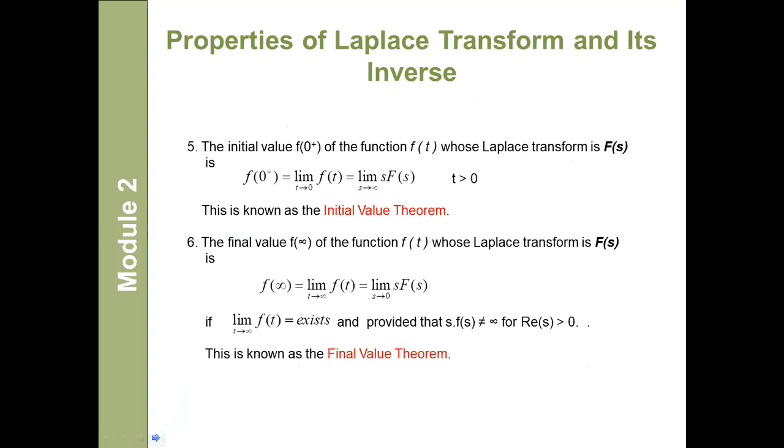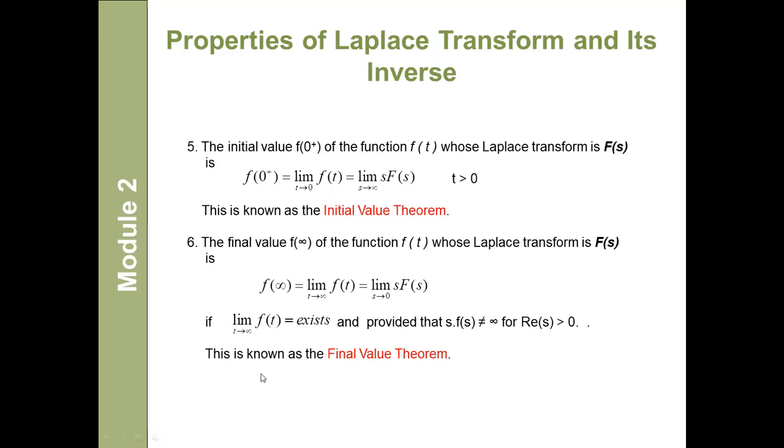So our fifth and sixth properties here on this slide would be the initial value theorem and the final value theorem. Now, what is good about these two properties is it's not anymore important that you know how to invert your given function.